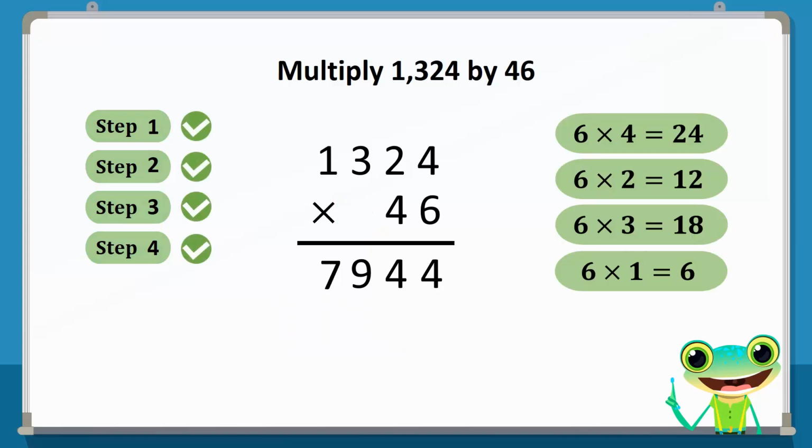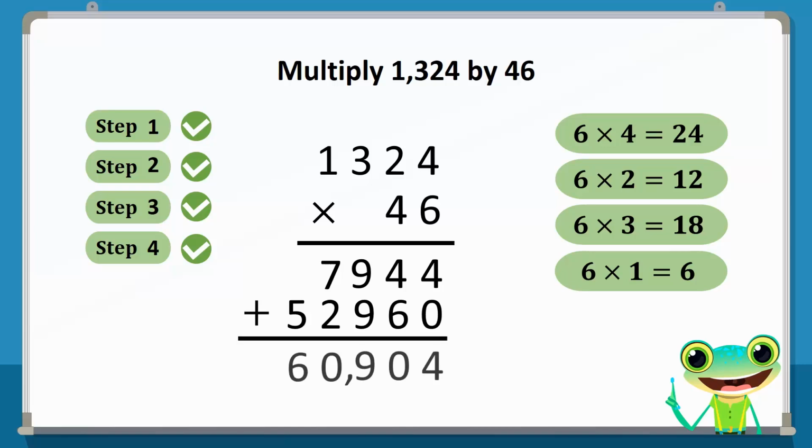After repeating the same 4 multiplication steps, we get this answer. Finally, we add these two answers to get the product of 1,324 and 46, which is 60,904.